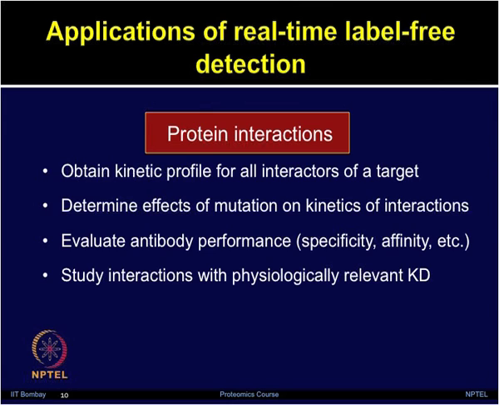If you want to study the effect of mutation, then these methods can be used to determine the effect of mutation on kinetics of protein interactions. Different types of label free methods such as SPR have been used for evaluation of antibody performance, detection of specificity, affinity, etc. They are also used for studying the interactions with physiologically relevant Kd or dissociation constant.